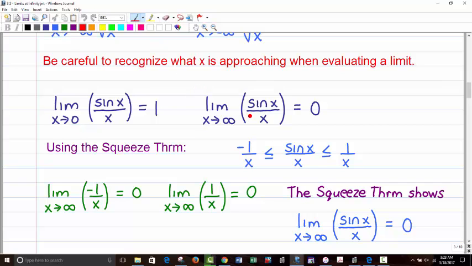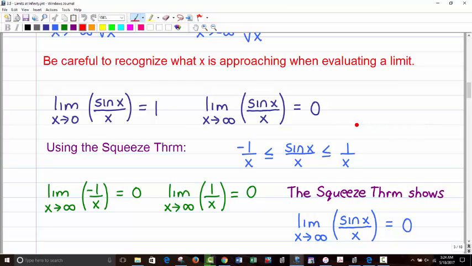So this one, sine of x over x as x goes to infinity, is actually going to be 0. The concept of sine of infinity seems sort of weird. I use the squeeze theorem here to help validate this.